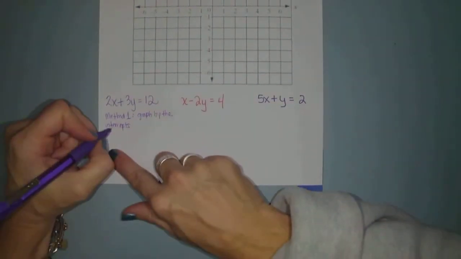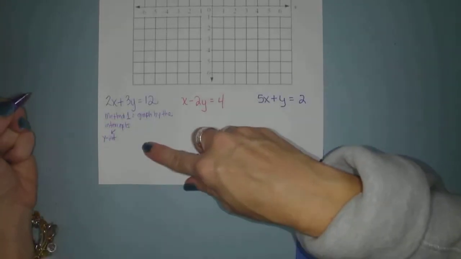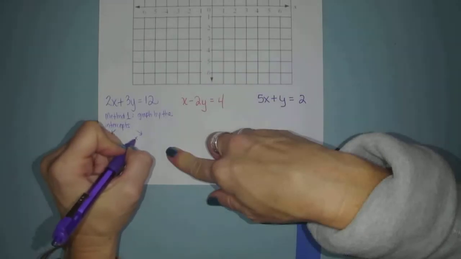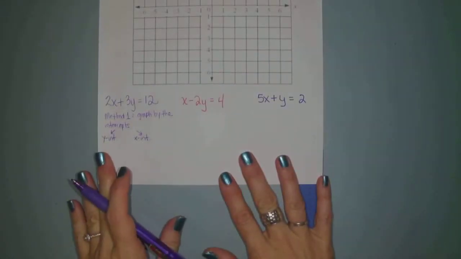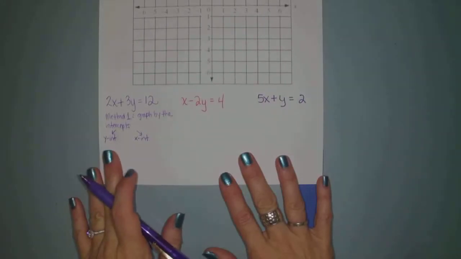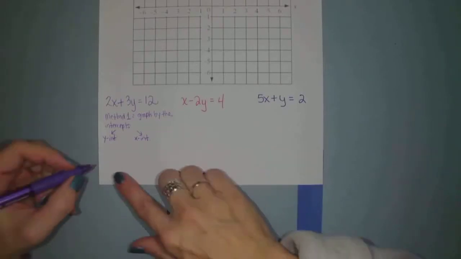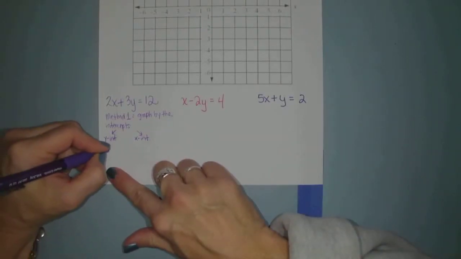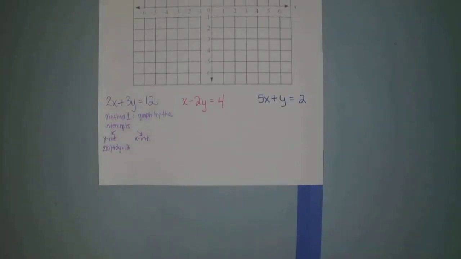So let's find both the y-intercept on this side, and we'll also find the x-intercept. When we find the y-intercept, we let x be 0. So it will look like this: 2 times 0 plus 3y equals 12.